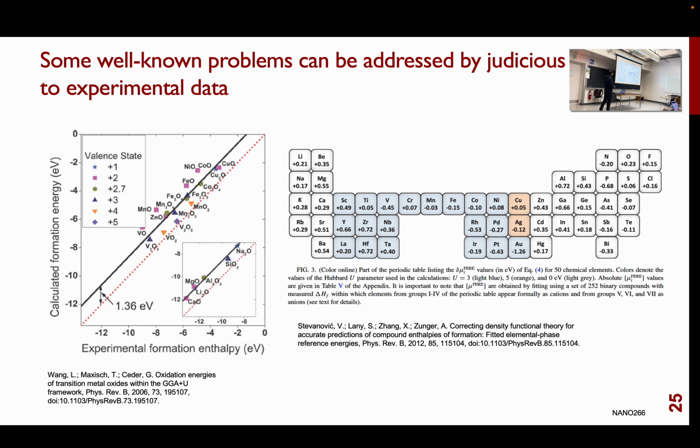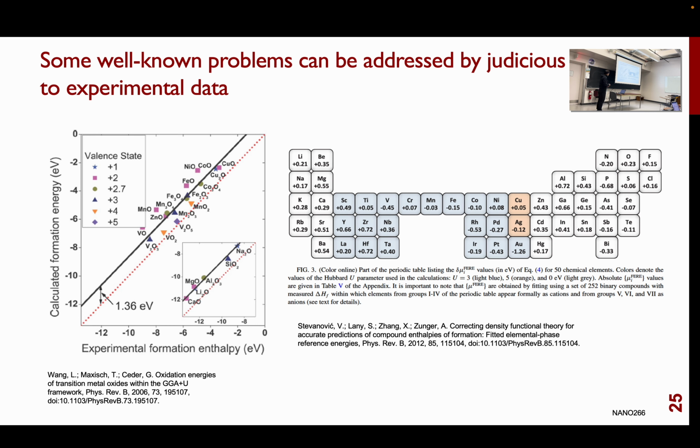One classic case is the oxidation energies for transition metals. What you will see is that even with the GGA plus U method, there's a big gap between the experimental formation enthalpy for your different oxides versus the calculated formation enthalpy of your different oxides.